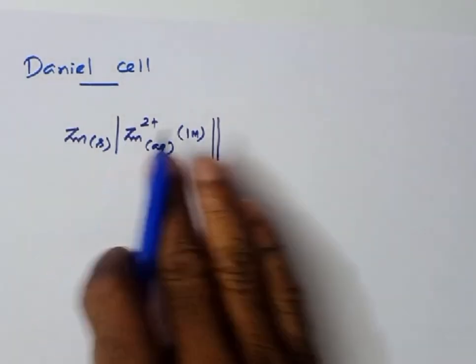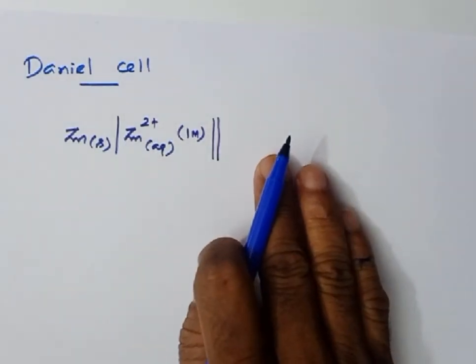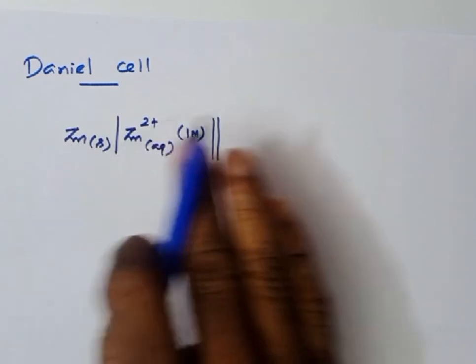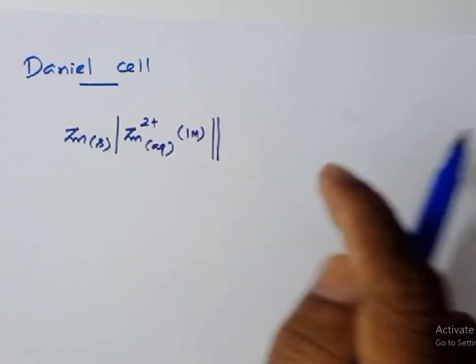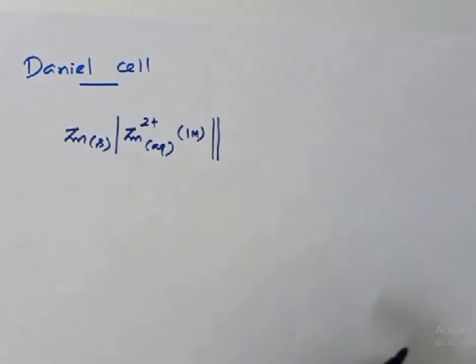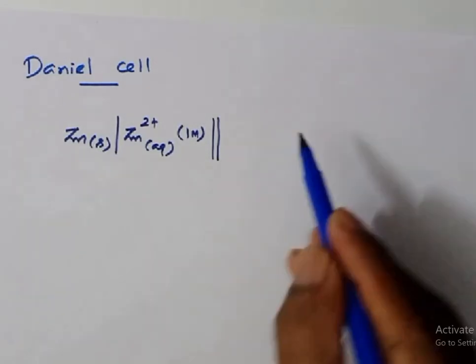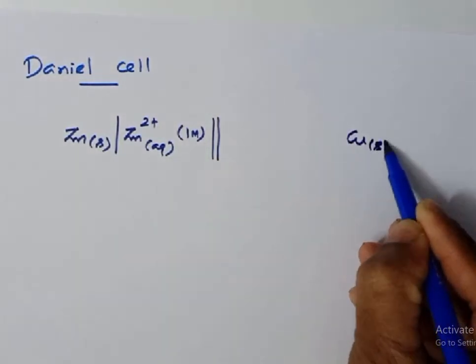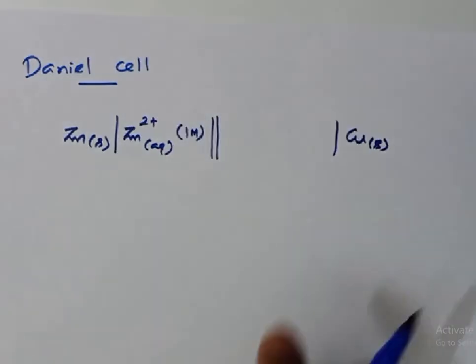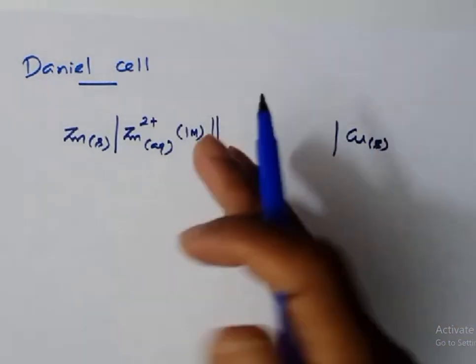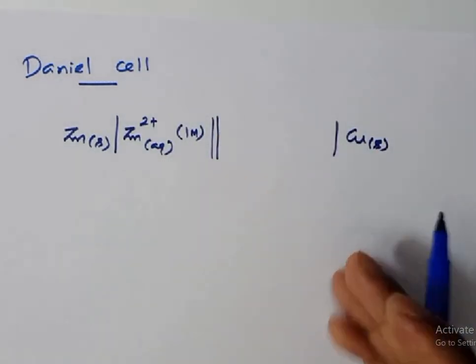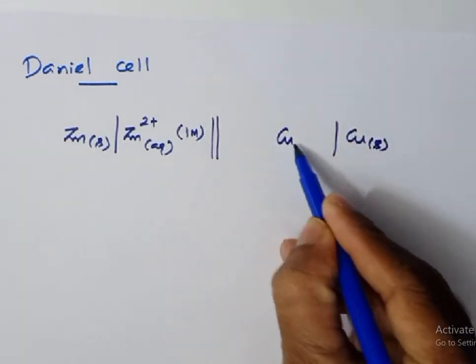Then on the right-hand side we should write the cathode. This is the anode, left-hand side anode, right-hand side cathode. On the cathode side we have a copper rod immersed in copper sulfate solution. Always write the solid far away from the salt bridge, so write the copper solid at the terminal position. Then place copper sulfate.